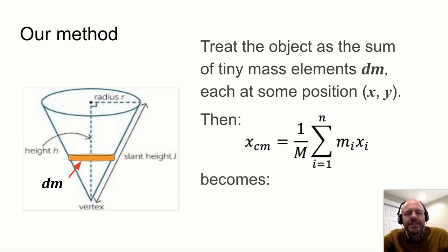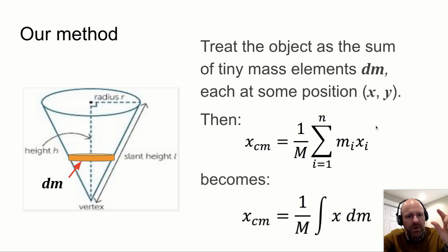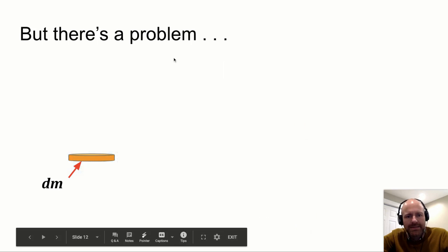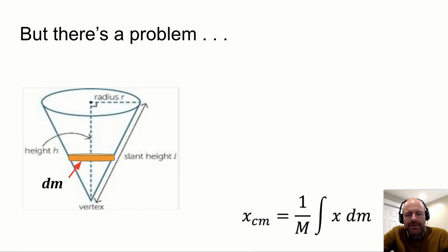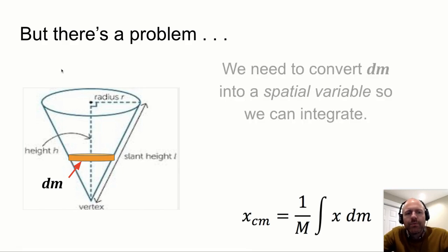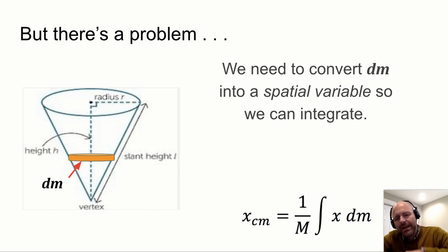But if those pieces become arbitrarily small dm's, instead of discrete masses at individual positions, they're x dm, and still the 1 over mass is there. There's a problem: I can't differentiate 1 kilogram of mass from another. They're all the same. So what would be easier is to integrate through space to find this.